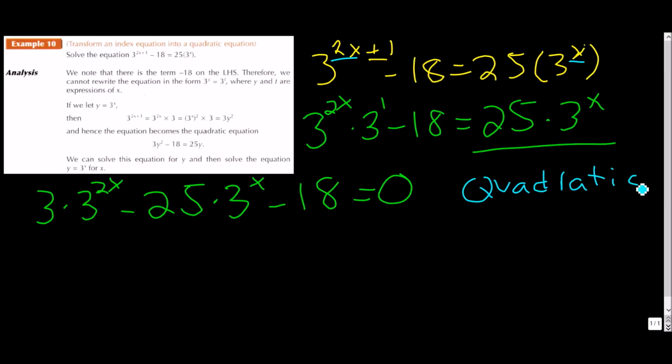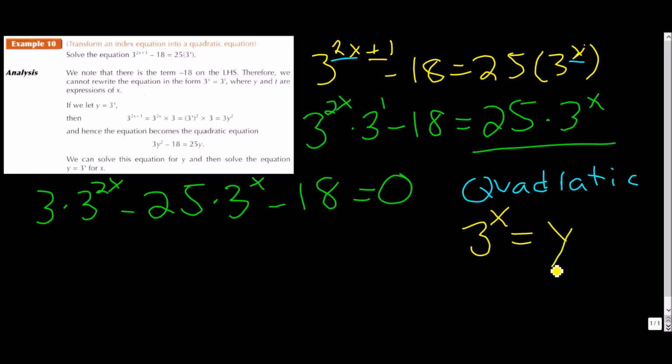If you look, this is 3 to the 2x, which has twice the exponent that 3 to the x has. What I'm going to ask you to make is a stretch: let 3 to the x equal y.